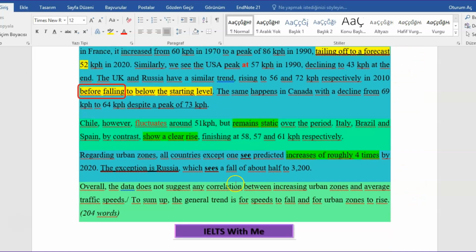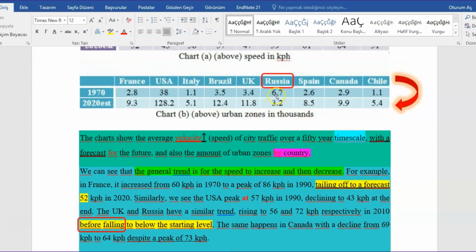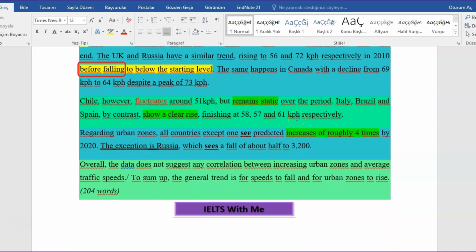We talked about that, which sees a fall of about half to 3,200, right? In thousands, from 6,000 to 3,000. Increases of almost 4 times, increases of roughly 4 times. Pay attention to that. We talked about our exception, which is Russia.